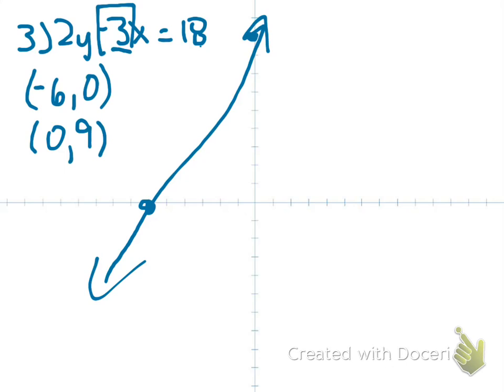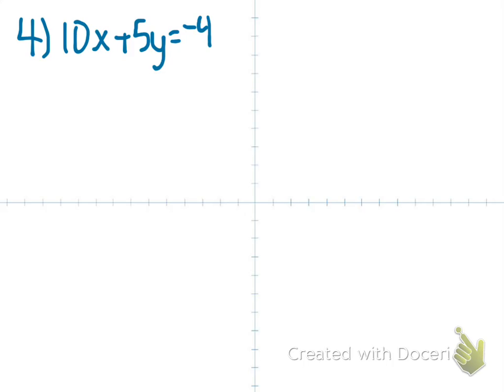So again, all I did was divide the answer by the numbers to get the different points, and then find those points on the x and y axis. Finally, number 4, I have 10x plus 5y equals negative 40. Negative 40 divided by 10 is negative 4.